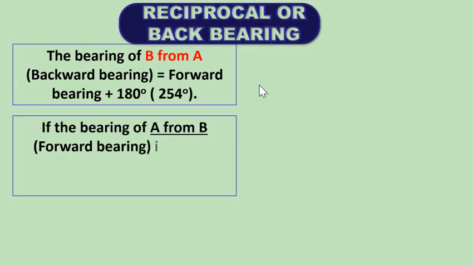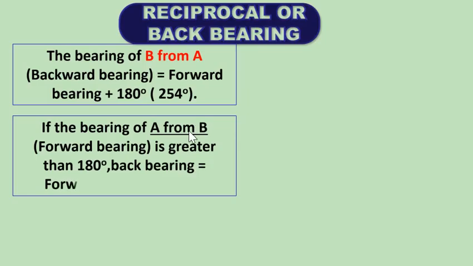If the forward bearing is greater than 180, then we need to subtract, not add. So therefore it will be forward bearing minus 180. Please take note of that. Write this down somewhere in your notes. It is very important because you will use it to be smart in solving objective questions in any exam.